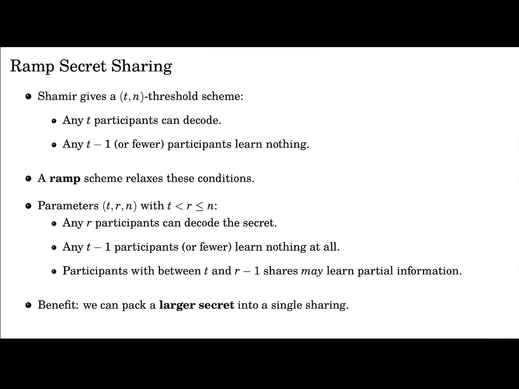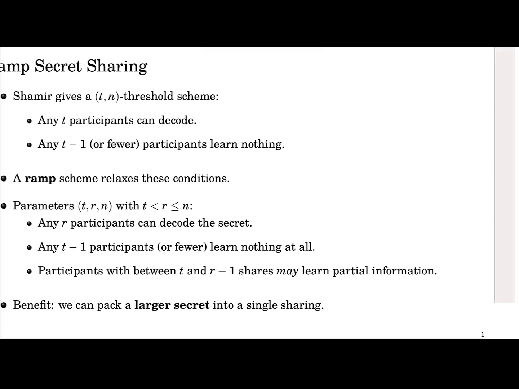The benefit is that we can pack a larger secret into a single share. Ramp secret sharing trades some possible partial leakage in the middle range for better storage efficiency, right? It's in order to increase the efficiency.